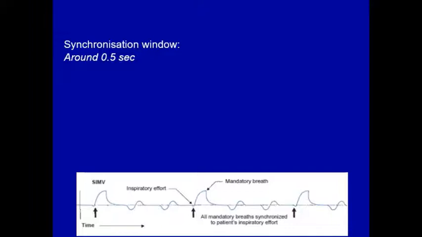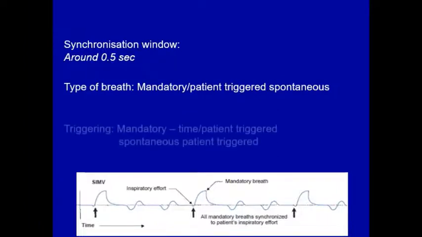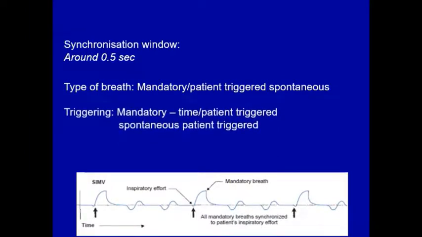So this is called synchronized intermittent mandatory ventilation. The type of breath here is a mandatory breath or patient-triggered spontaneous breath. How does the triggering occur? Triggering is time triggered or patient triggered. And cycling is time cycling or pressure cycling in case of mandatory breaths.